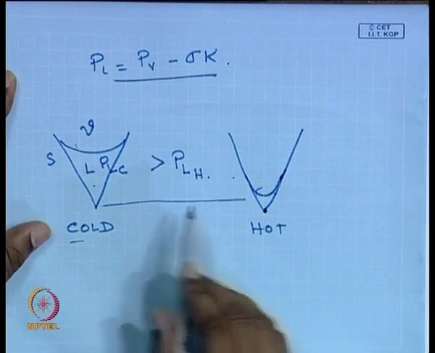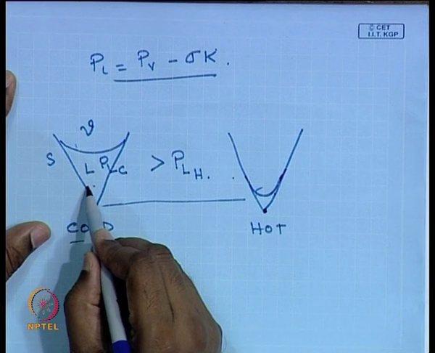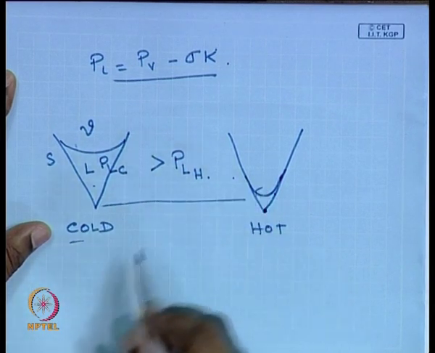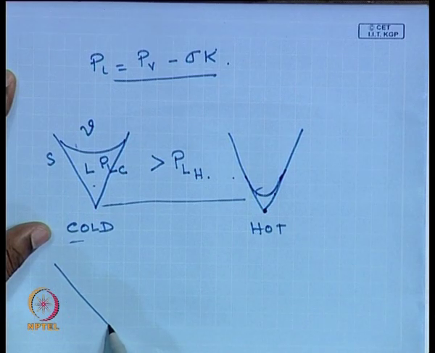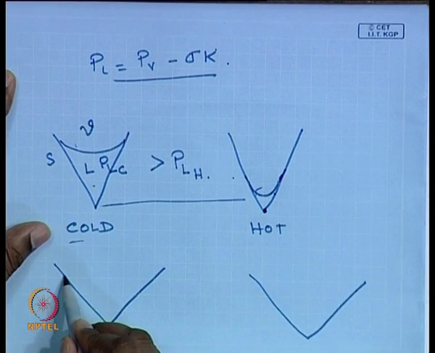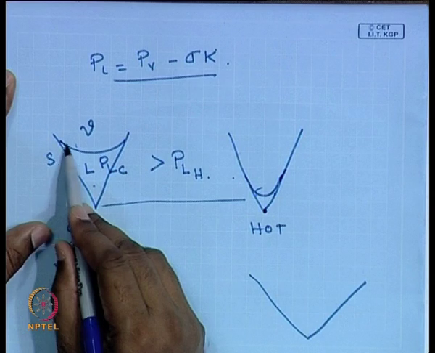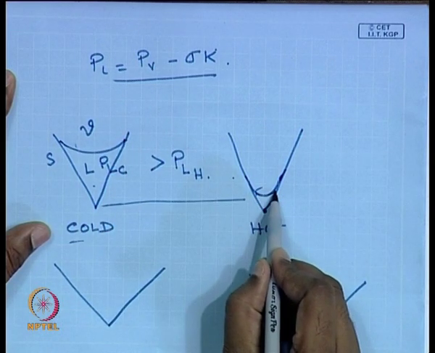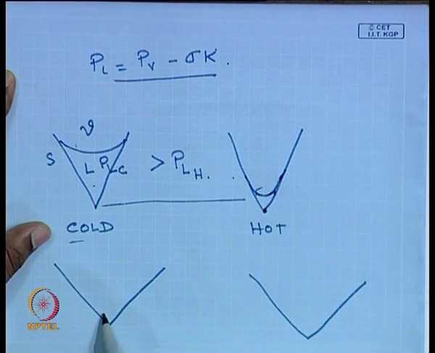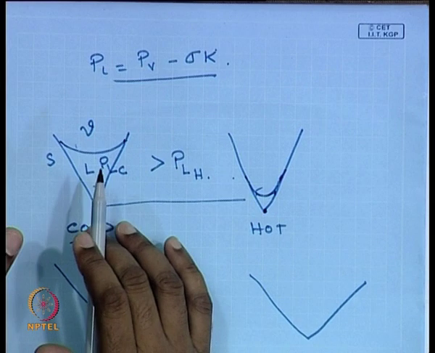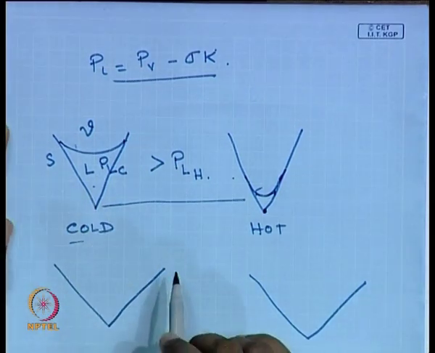So, obviously, you can see that the performance of this triangular groove is going to be better than this triangular groove, where the apex angle is much more, because here from a large value of radius of curvature, it can go to a very small value, whereas with increase in apex angle, the amount of change that the liquid will undergo will decrease.